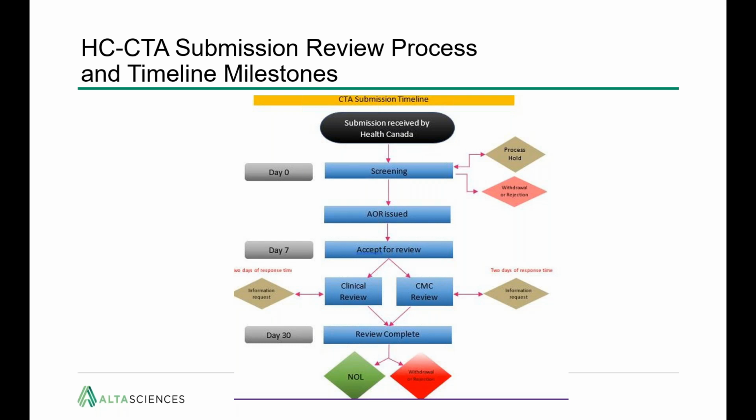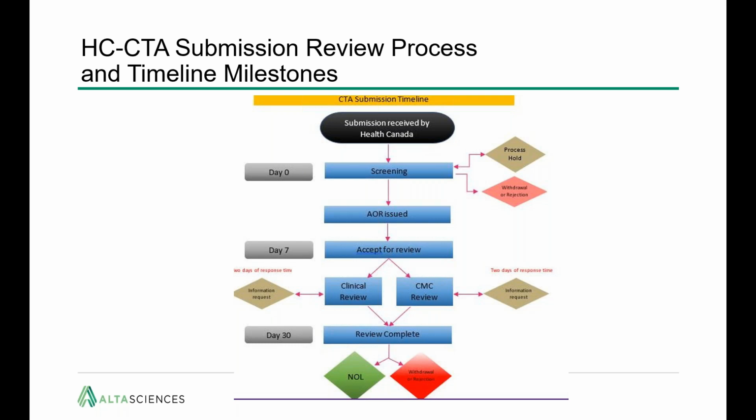This is forwarded on to the Office of Clinical Trials, at which point an acknowledgement letter is issued and the 30-day review time begins. On occasion, there may be an information request received at the screening time frame, and you're given 2 working days to respond to that information request.